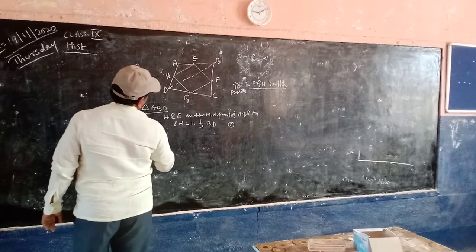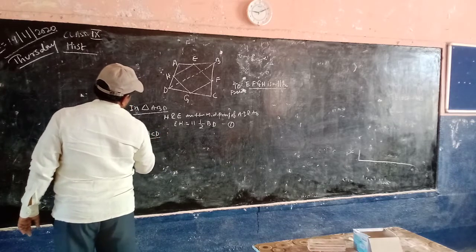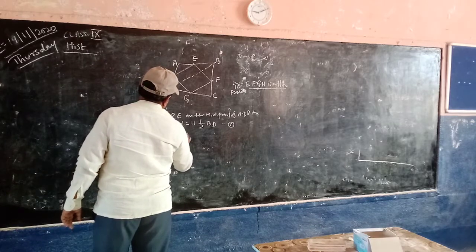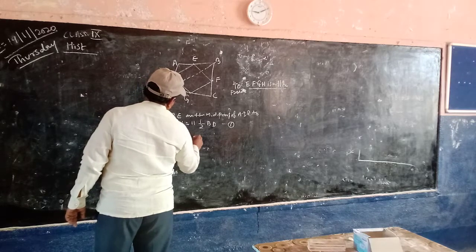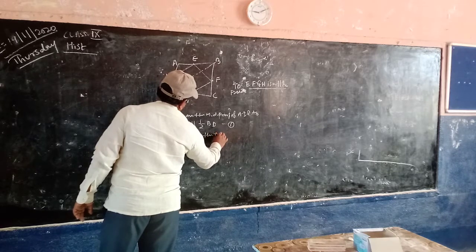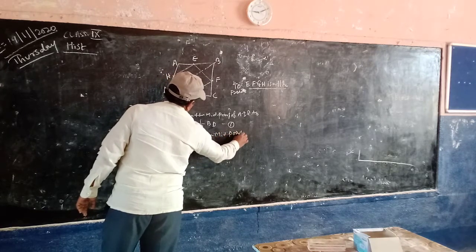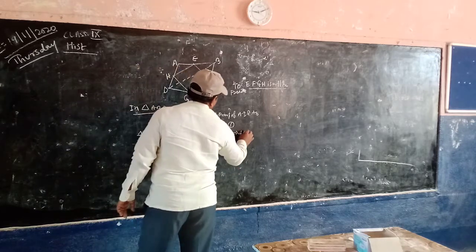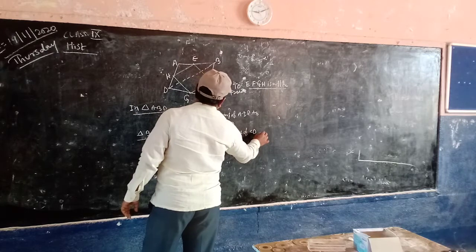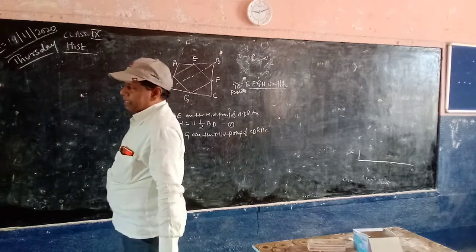In triangle BCD, F and G are the midpoints of CD and BC.